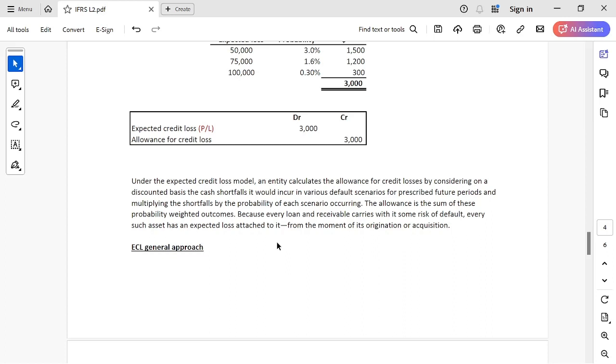Highly likely the bond issuer is going to be paying the amount and so on. So we might have to reverse it in the future, and it's going to be reversed as a gain. So when we no longer need the allowance, we're going to be debiting the allowance, crediting the expected credit loss, or having a gain. So if we don't need it, then that's it.